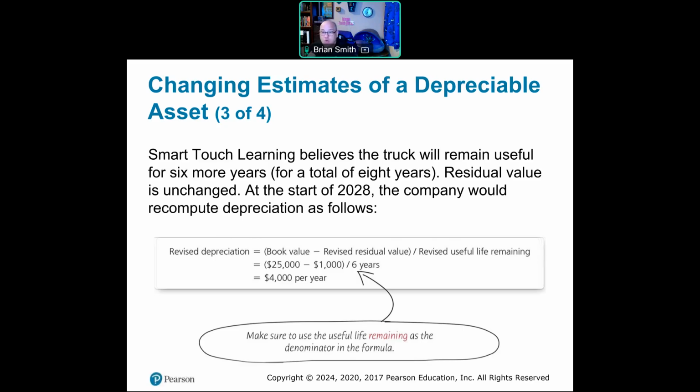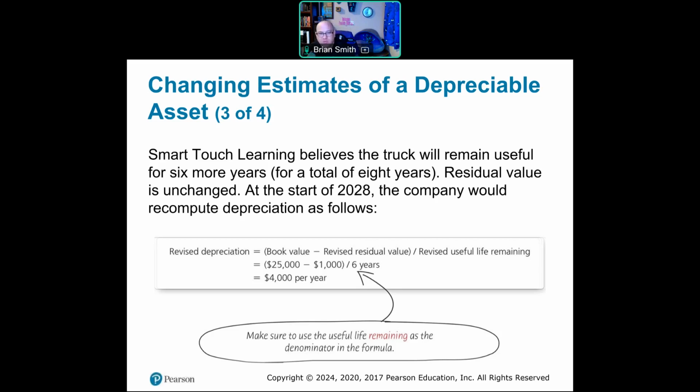So what we have to do is take whatever the book value was, subtract out. It's not really showing you, but it's calling it book value. That's fine because that's true. The book value is your original cost minus your accumulated depreciation. So you have to make sure you do that.